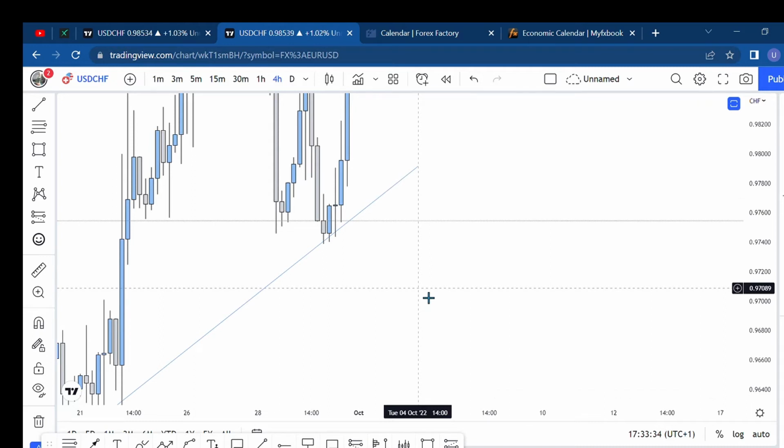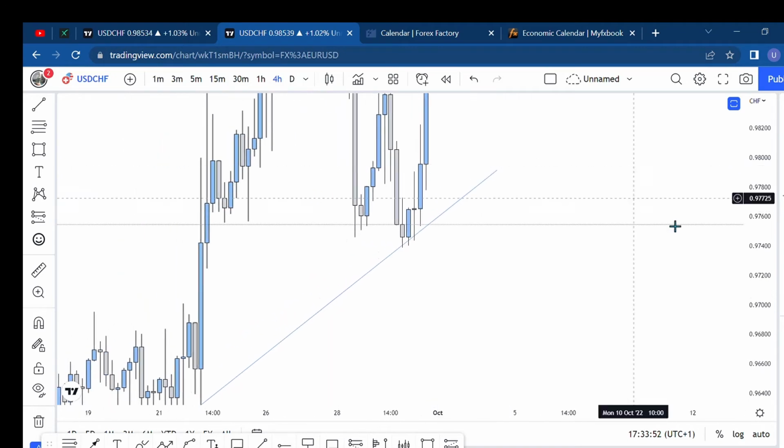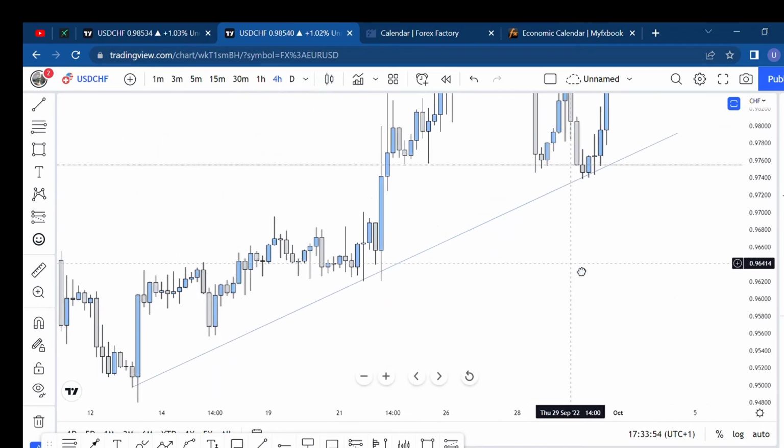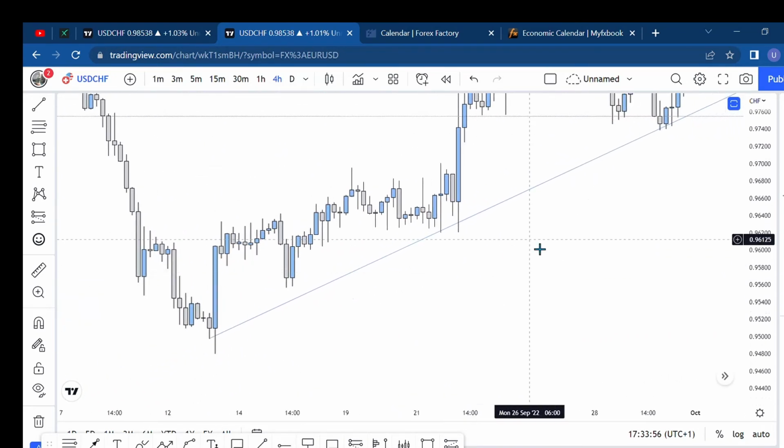That is price trying to take out both buyers and sellers. Early buyers, that stop loss will be hit, so they will be out of the trade, and sellers, they will be nowhere to be found.